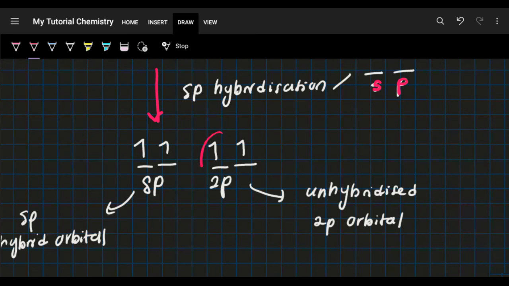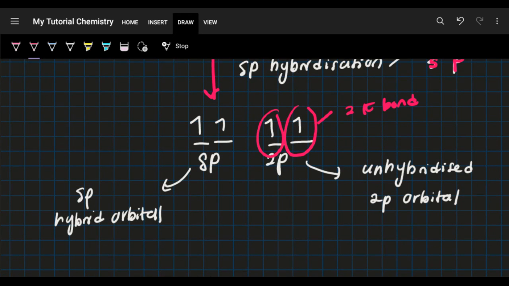Now, sp hybridization has two unhybridized orbitals. These are called the unhybridized 2p orbitals. If the unhybridized orbitals have two single electrons, they will form two pi bonds. The left-hand side sp orbital is called the sp hybrid orbital.